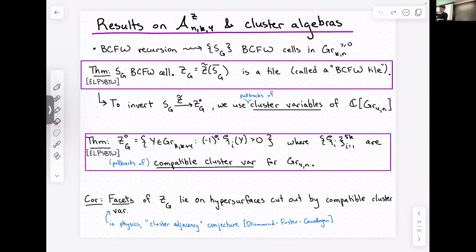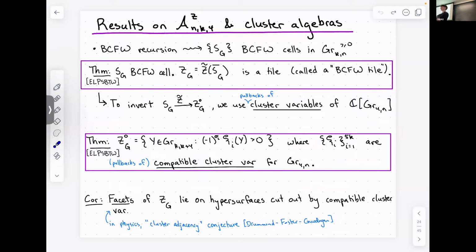I have given this talk before, and someone has asked me, don't you have a typo here? How are you taking cluster variables for Gr(4,n) and using them to talk about something inside of Gr(k,k+4)? Surely you've just gotten some indices mixed up.